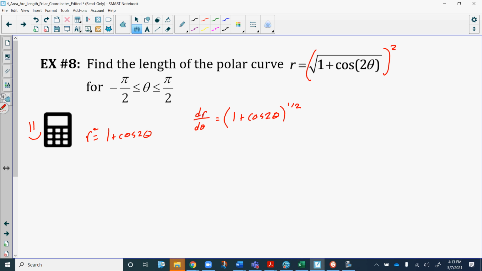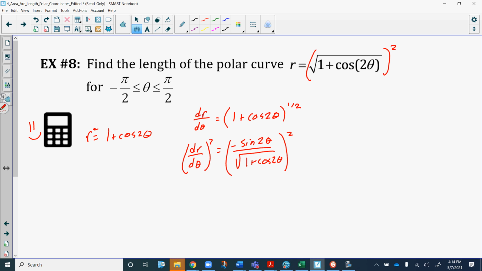We have to take the derivative of the whole thing, the derivative of the inside part, but because of cosine of 2 theta, we have the chain rule there also. So in this case, I'm going to wind up ultimately with negative sine of 2 theta over the square root of 1 plus cosine of 2 theta. I'm going to take that and square it for dr d theta squared.